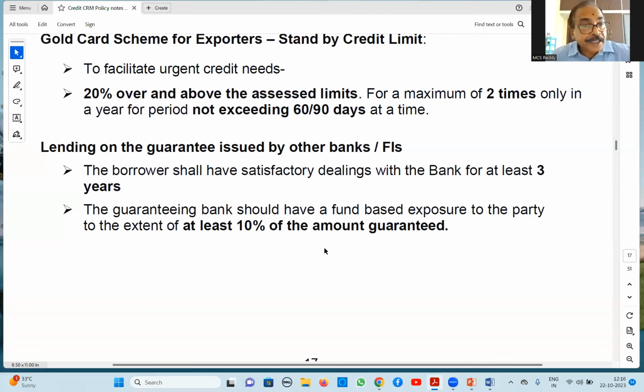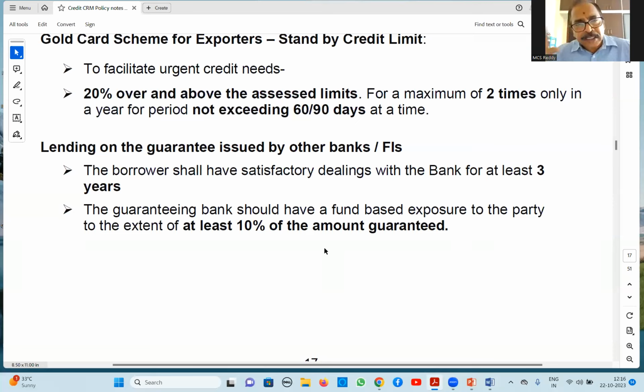Next, lending on the guarantees issued by other banks. Sometimes what happens, other banks will issue guarantees for such a person and we can finance. When it arises, I will tell you. Suppose somebody is enjoying limits with a private sector bank, like Karnataka Bank or whatever it is. So he may approach that bank for additional facilities.